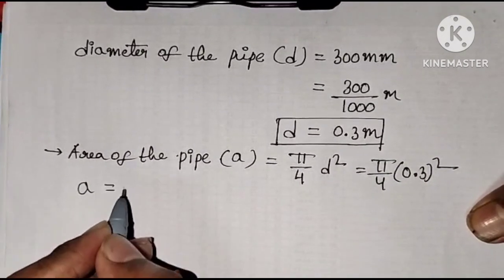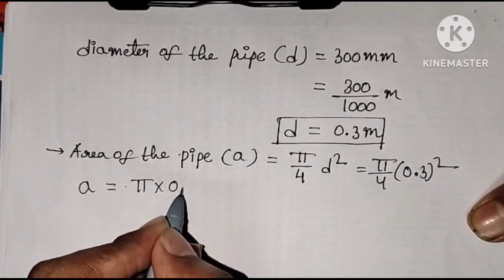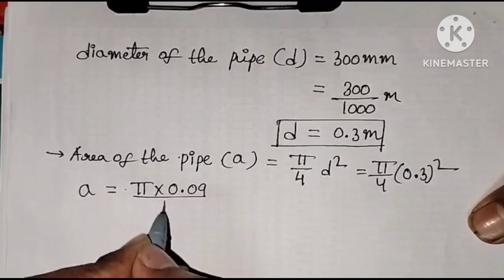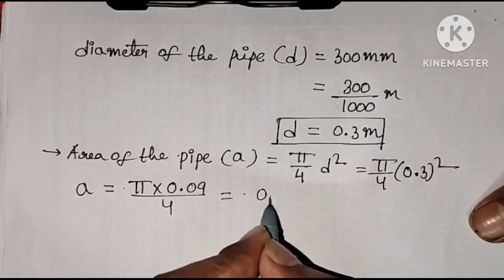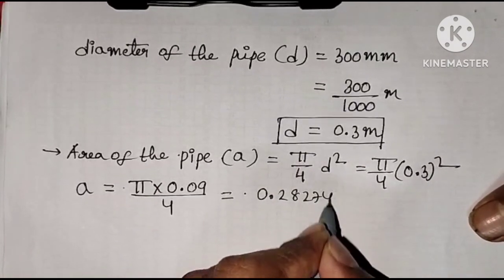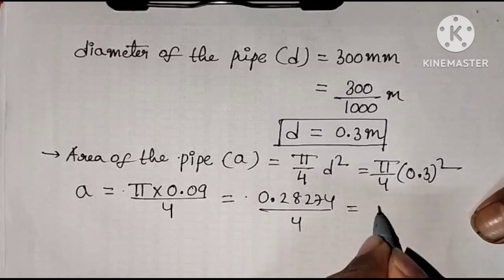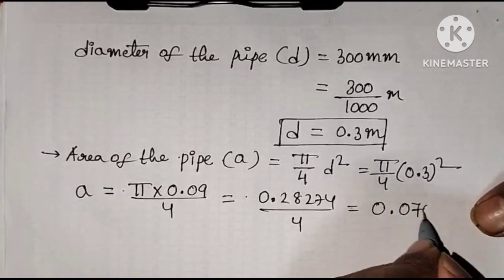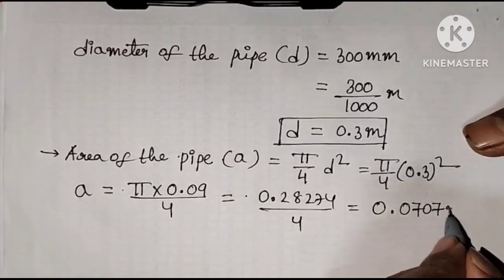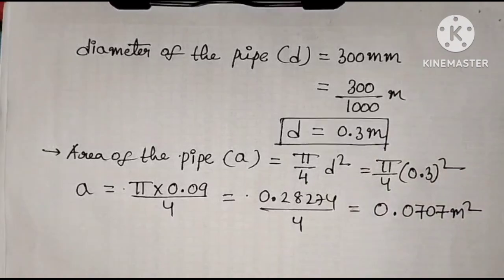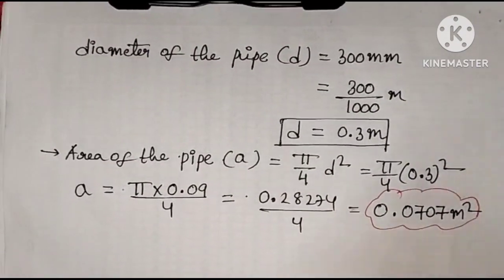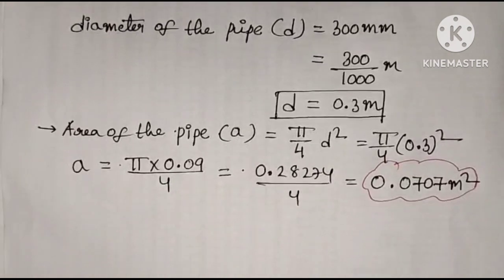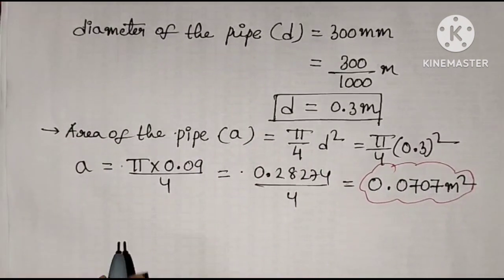Pi into 0.09 means 0.28274 approximately, divided by 4. If you calculate, you will get approximately 0.0707 meter square. Okay, so this is the area of the pipe.